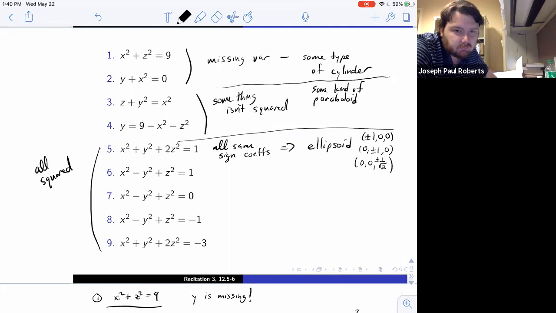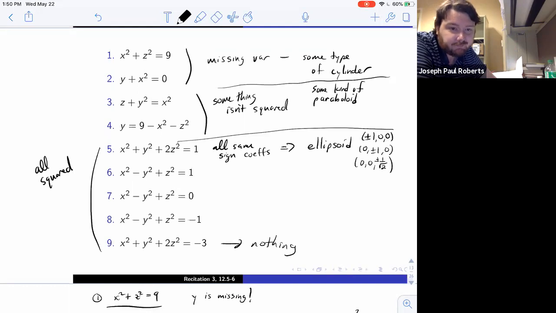And so anyway, that's your ellipsoid. And then just be on the lookout. I don't think we usually try to trick you guys with things like this, but equation 9 is sort of a bogus equation because guess what? Without complex numbers, there's no way x squared plus y squared plus 2z squared could ever be negative 3.